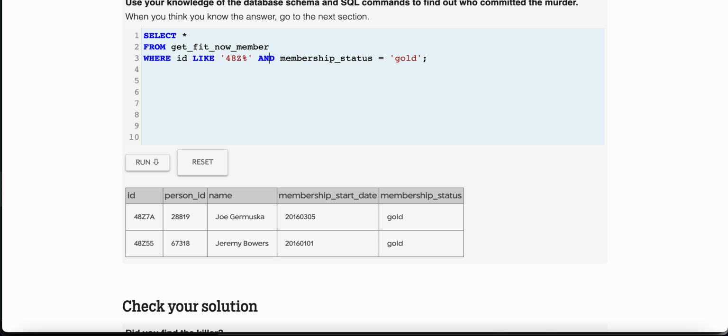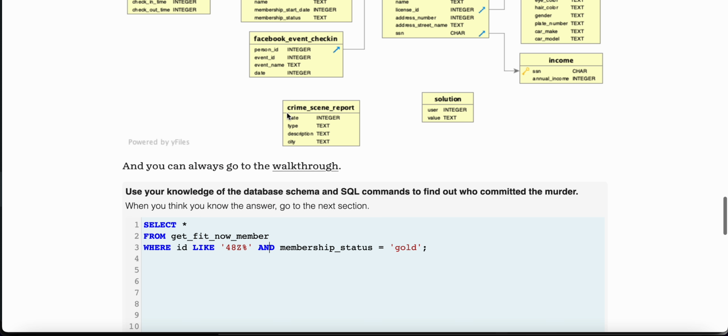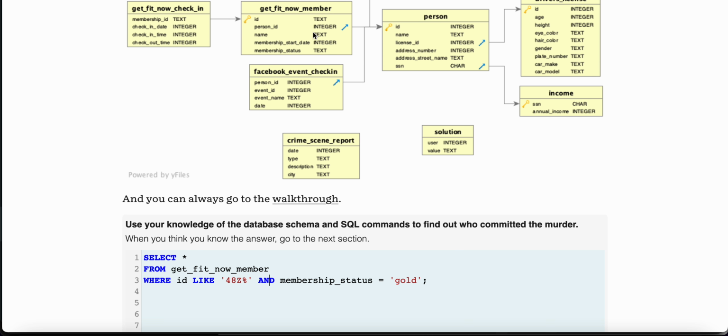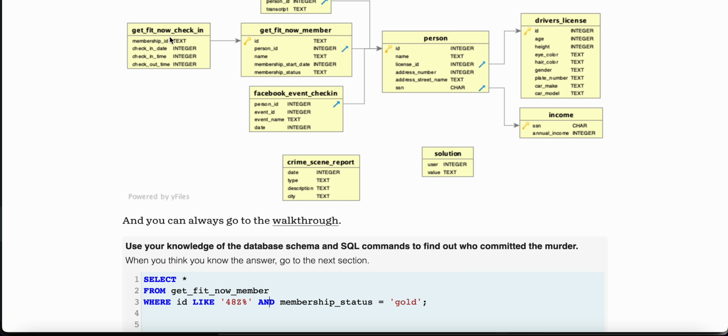Okay, so we have this. It's going to be get fit now check in, because she says she remembers it from this. Get fit now check in.